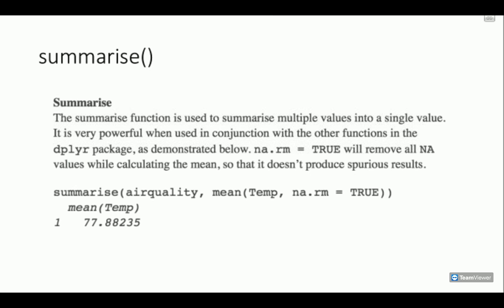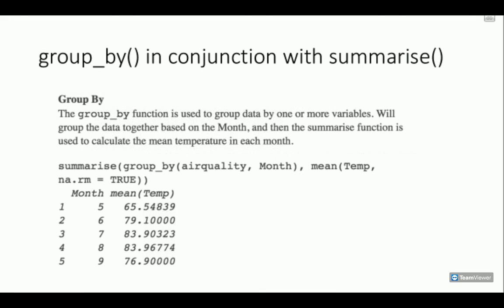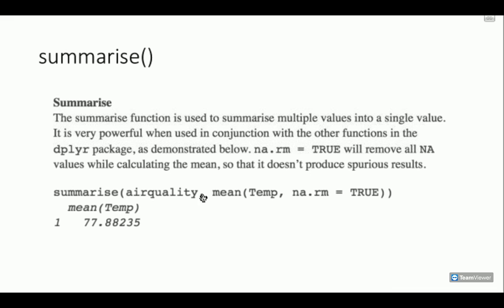Again, this particular function can do more than just apply a function, which we will see in this slide. In the previous slide, we were just getting the mean of the temperature within the air quality data set, and then you are saying remove all the values which are not available.